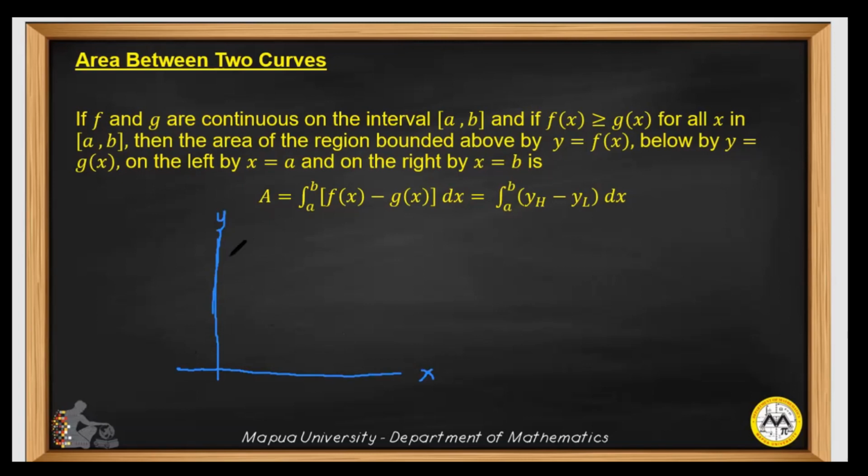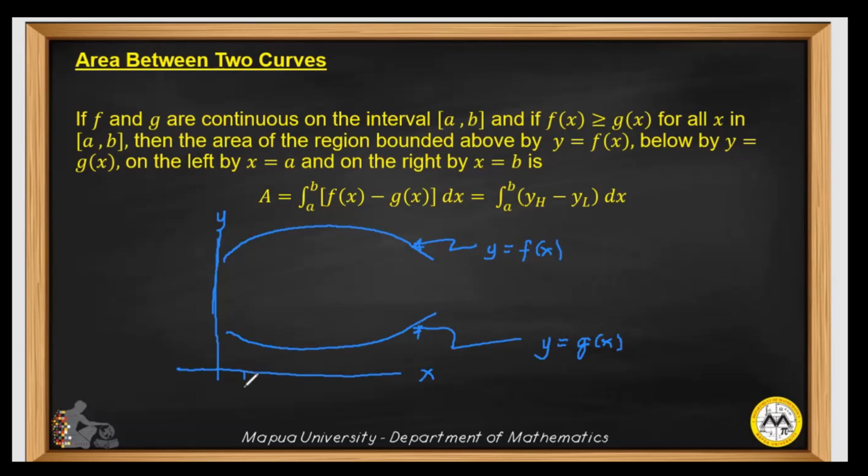We are going to consider two curves, one representing the function y equals f of x, and another curve below, which is the representation of the function y equals g of x. And we will consider the region bounded above by f of x and bounded below by g of x within the closed interval from a to b.